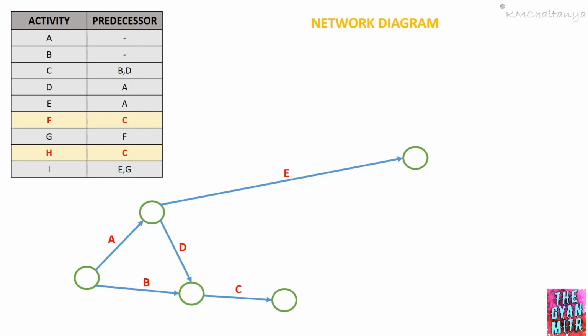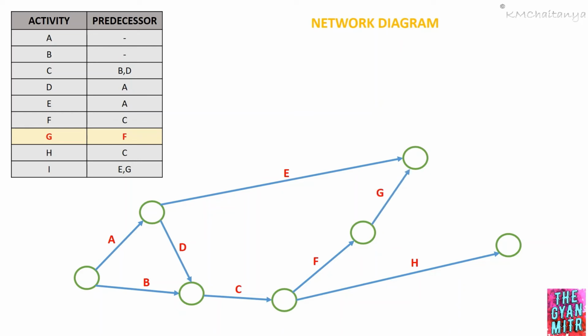That means after completion of activity C, I can draw two parallel activities, which is F and H. Now let's see how to represent activity F and activity H. I have activity F and I have activity H. Now let's move on to the next activity, which is activity G. For activity G, F is the predecessor. That is, after completion of activity F, I have activity G.